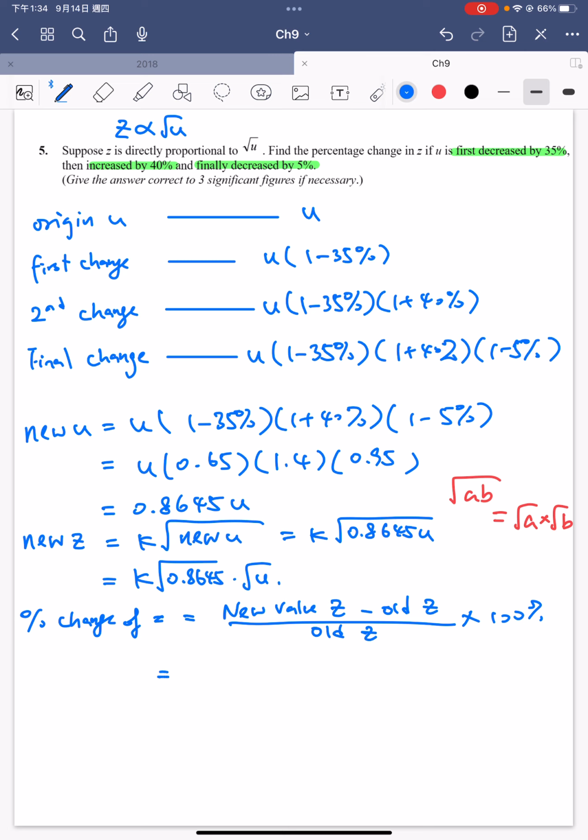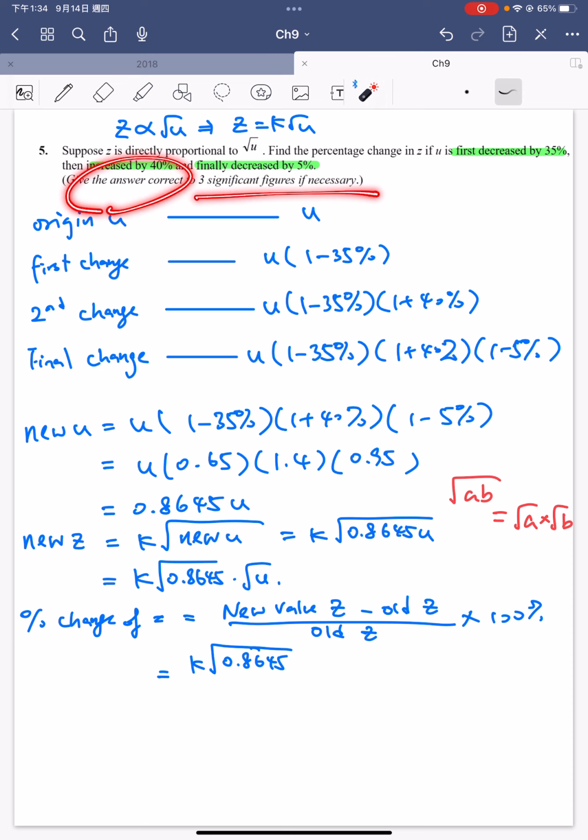We have that the new z is this one, and our old z, I didn't write it down, but from the formula we have z is equal to k square root u. So this is our old z. Then we have k times the square root of 0.8645. You can just leave it in square root format, because we are only giving our answer to three significant figures.